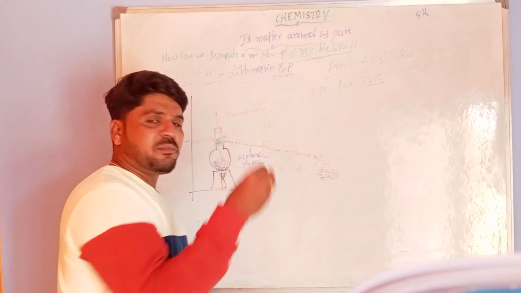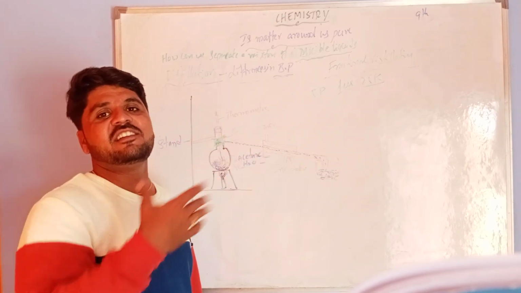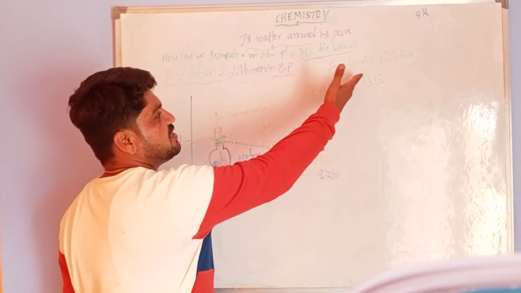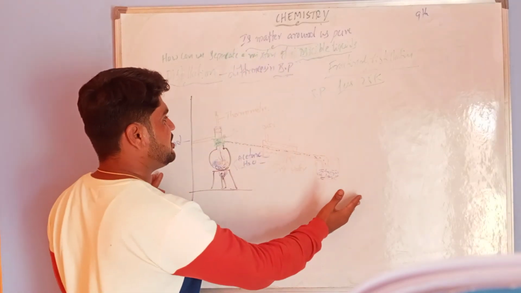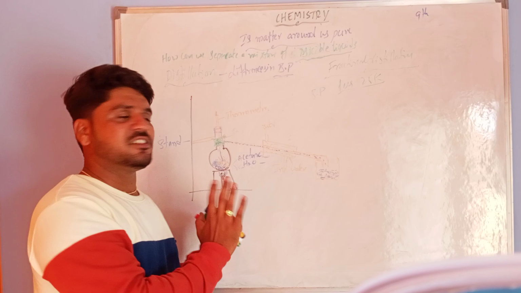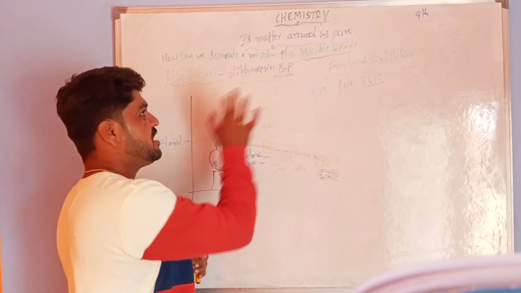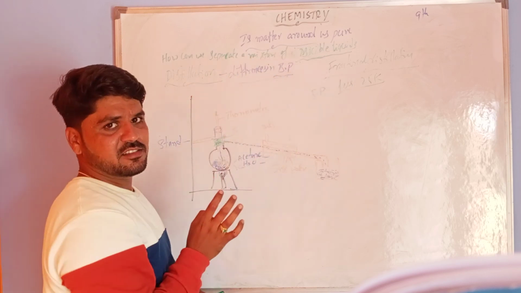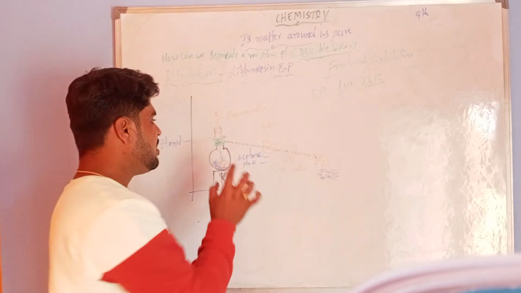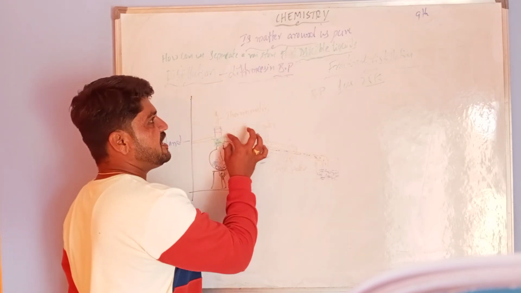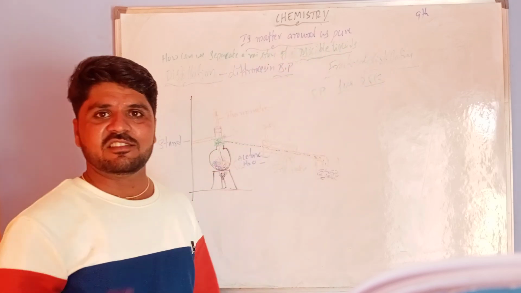Petroleum products also have different boiling points. At that time we use the fractional distillation process. The setup is the same as for distillation, and the difference is that we use the fractionating column in fractional distillation.